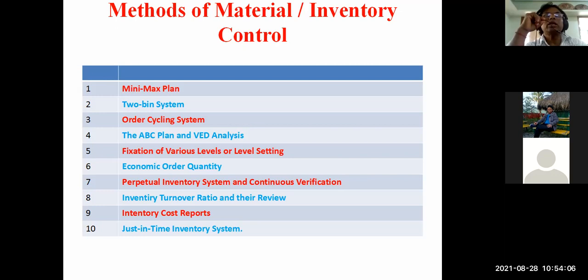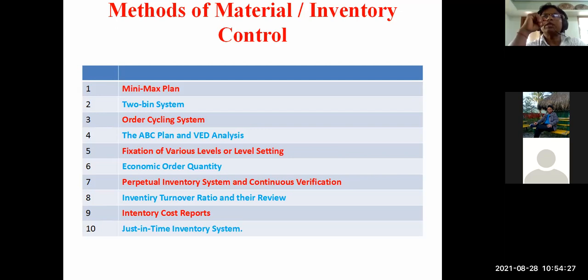So you understand, A group of materials will be those materials which are lowest in size, least bulky, not very large, but highest value. This will be in A, and C will be very much bulky, suppose sand, bricks, etc., very much bulky, but less in value in comparison to A.